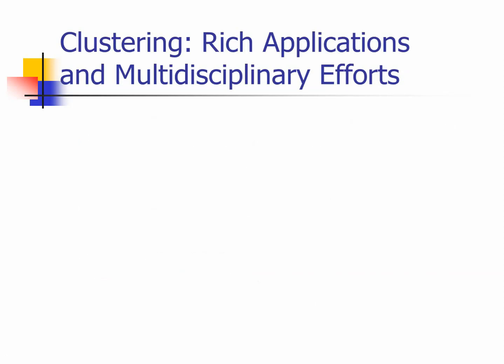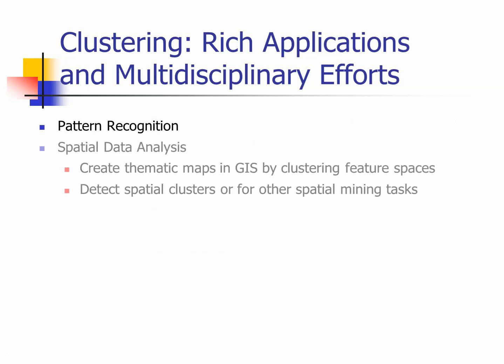So clustering is rich, it has many different applications. It can be used in pattern recognition, as we mentioned, cats and dogs. We can even use that in medical analysis, saying that these are cancer images or non-cancer patients' images. It can be used in spatial data analysis.